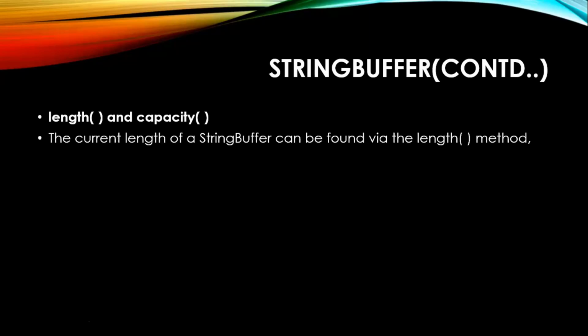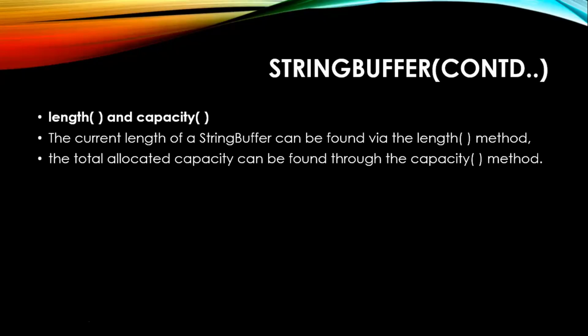The current length of a string buffer can be found via the length method. The total allocated capacity can be found through the capacity method. They have the following general forms. Both of these methods return an integer, so it is an int followed by length and an int followed by capacity.